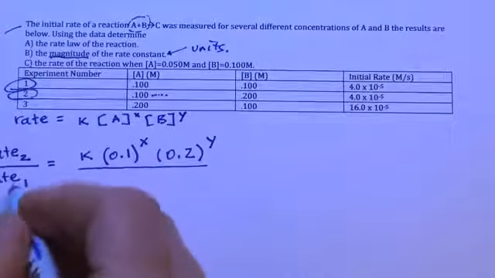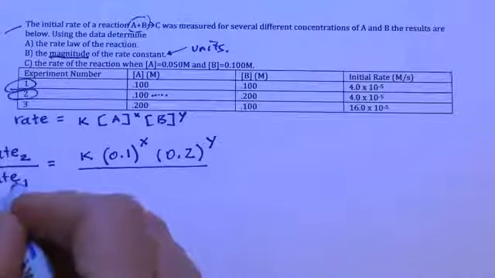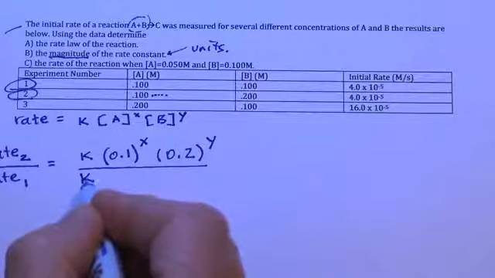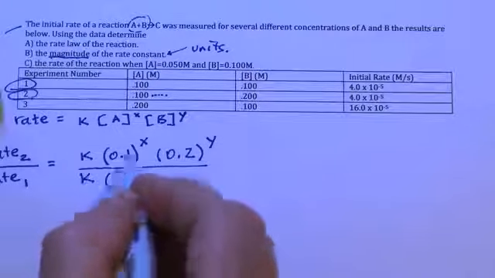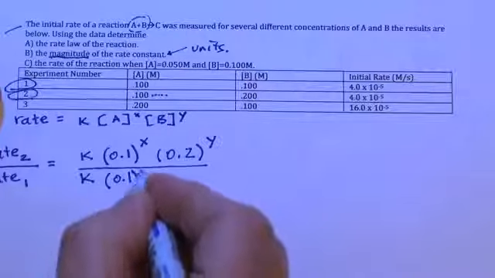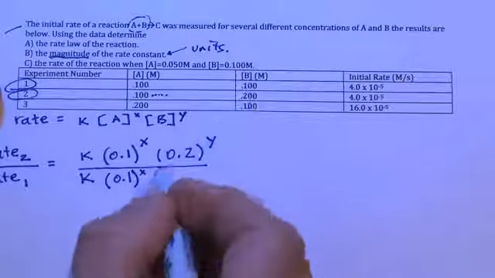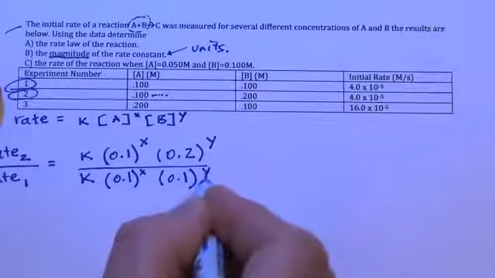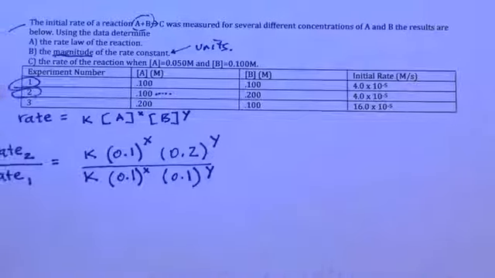This is being compared to experiment 1, who has the same rate constant k, but the concentration of A in this case was 0.1 as well, and the concentration of B in this case was 0.1, and I'll raise that to power y.